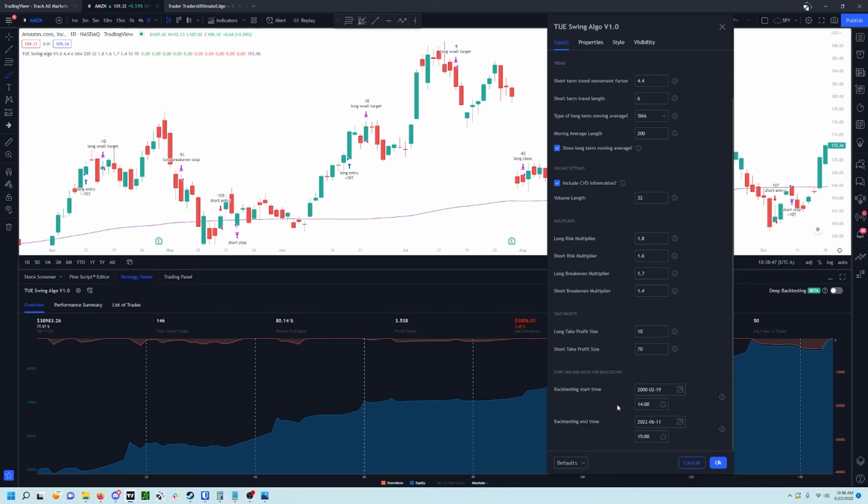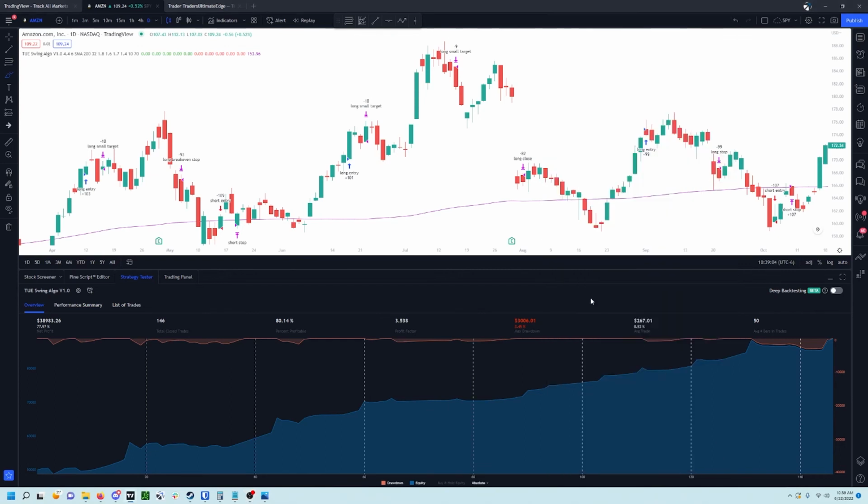And the reason for that is that you want to backtest the stock while it is trading as it currently trades, because over time, the personality of stocks tends to change. And as it changes, they respond to technical indicators in different ways. So that's very important to make sure that those dates are right.